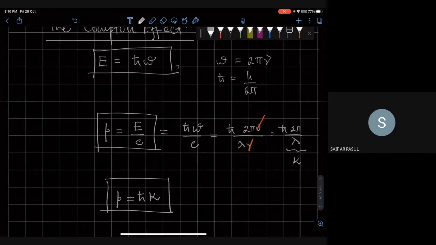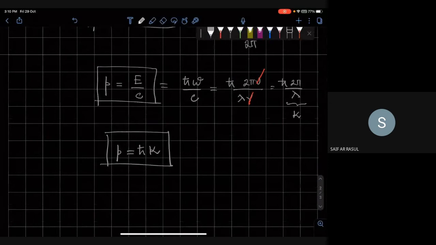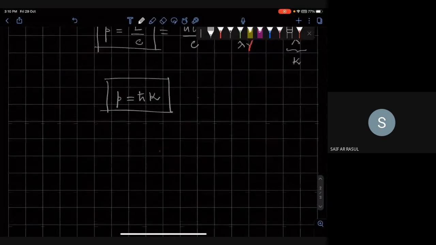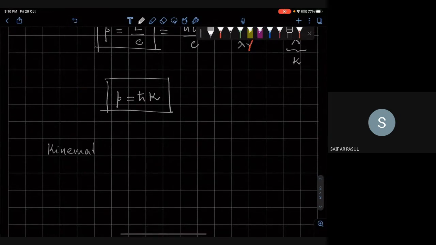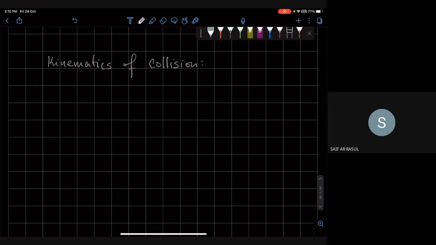So now let's examine the kinematics of collision. So this is, say, our electron, which is sitting in space, initially stationary.